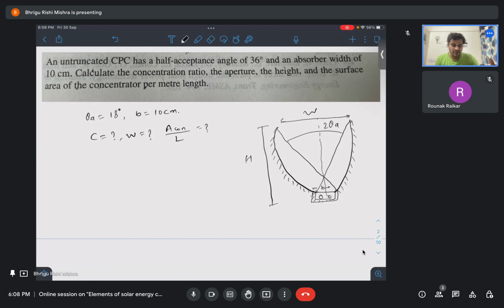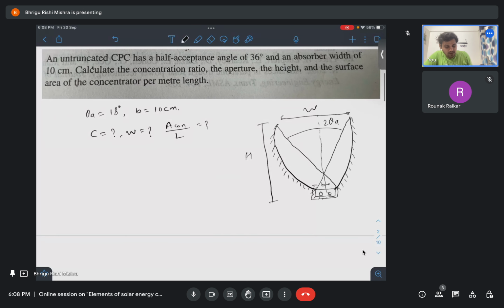That means it doesn't contribute much to concentrating the incident beam radiation onto the receiver. So there are studies to truncate the CPC while sacrificing very little efficiency. That will help to reduce the cost of the CPC. So we are not looking into that.